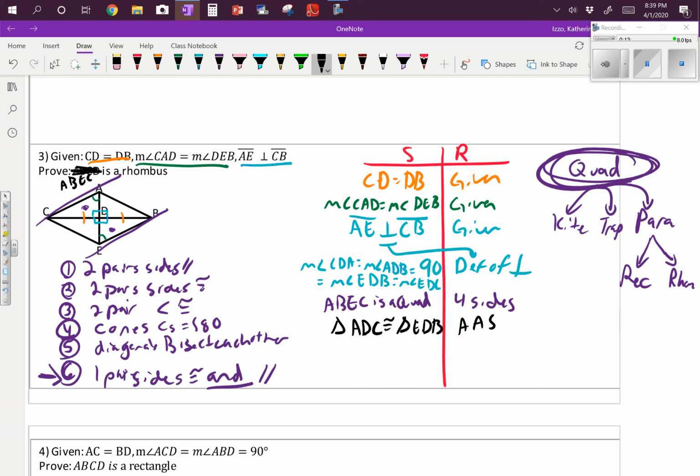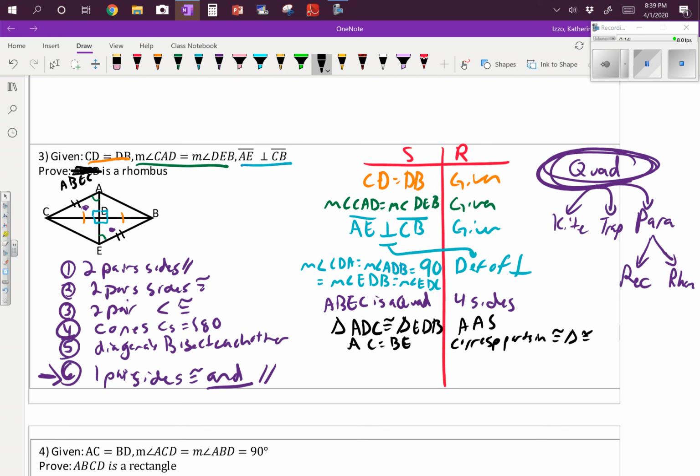Okay, so we've got the 2 triangles congruent. Let's get those 2 sides congruent. I want to get this guy and this guy congruent. And I can do that now because my purple triangles are congruent, so I can say that AC equals BE because corresponding parts of congruent triangles are congruent. Okay.